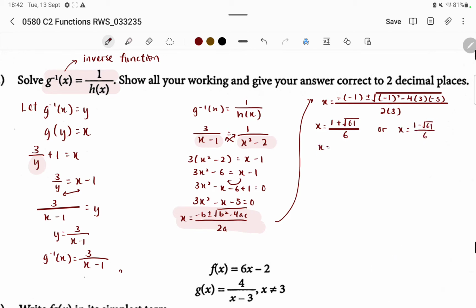Press calculator, you should get x equals 1.47 or x equals negative 1.14. Because they want 2 decimal places. So this one should be your final answer.